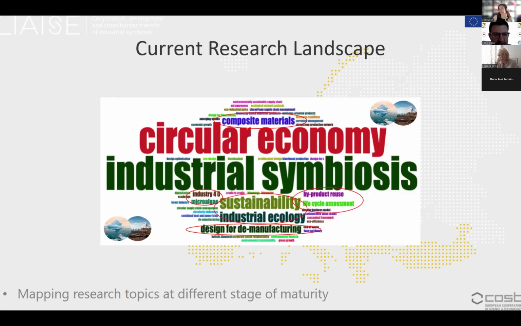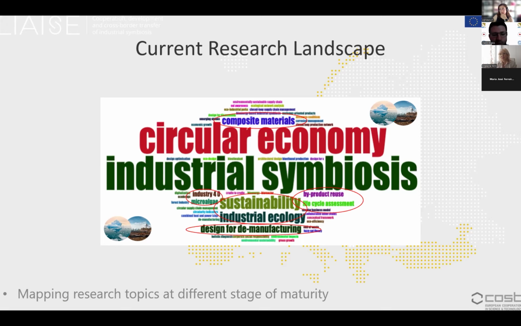global literature review analysis is that there are several branches of research in industrial symbiosis in product design that are related to industrial ecology branches or byproduct reuse, and the application of life cycle assessment on the other side. And then another, more specific and focused research line related to Industry 4.0 or 5.0 and also microalgae.